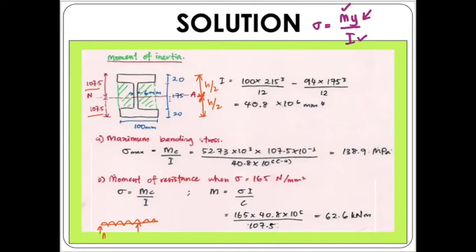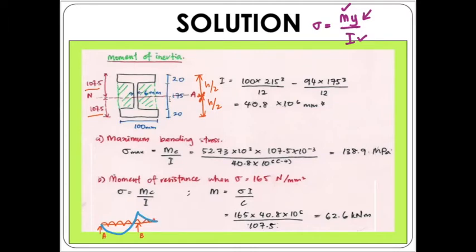Here you can draw the bending moment diagram. The expected bending moment diagram will look like this, whereas it will bend downwards within this section and bend upwards at the support, and it will end up like this.